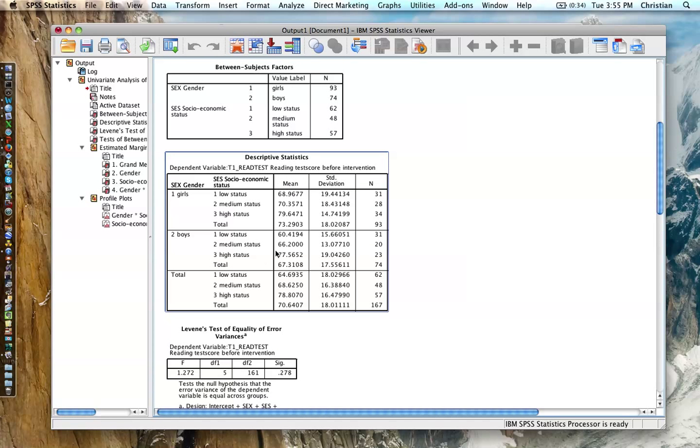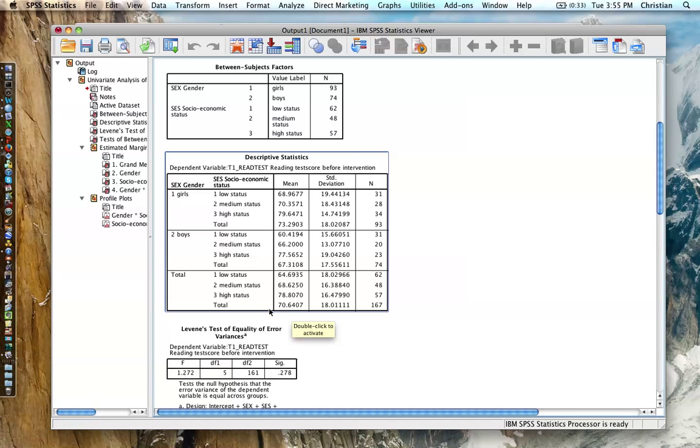Then we have the same thing for the boys, and then we have the overall means for status. So low status, boys and girls together, 64.69, medium status, boys and girls together, 68.62, and high status, boys and girls together, 78.80.